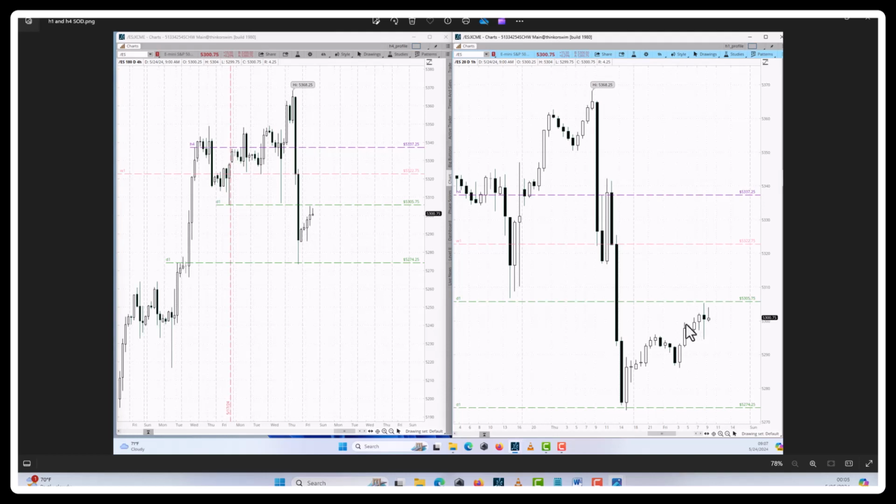And then we look at the 1-hour time frame. We see right there that it tests from above. So it's going to break, right? It tests from above, and then it's going to be a full breakout, a break to the downside.